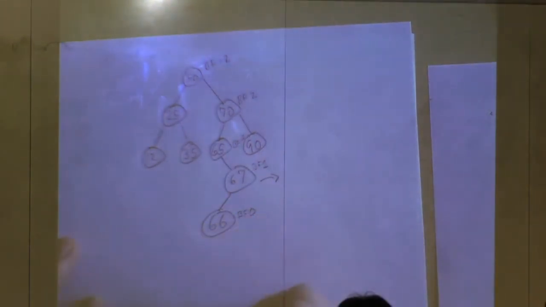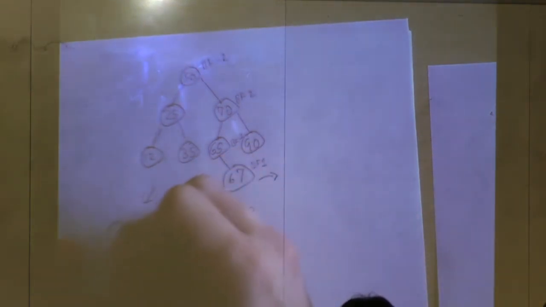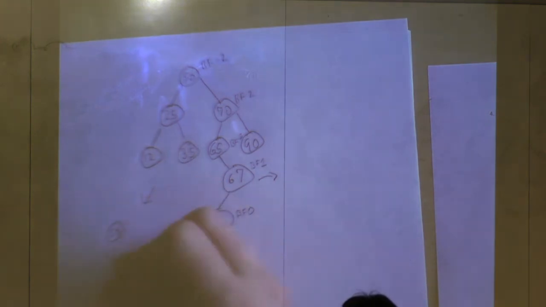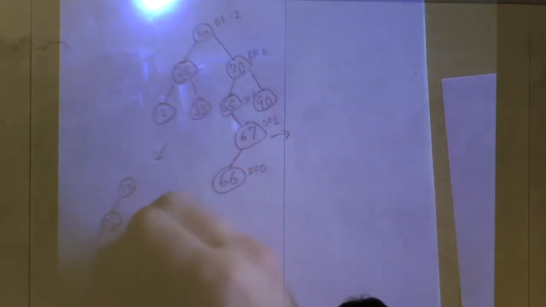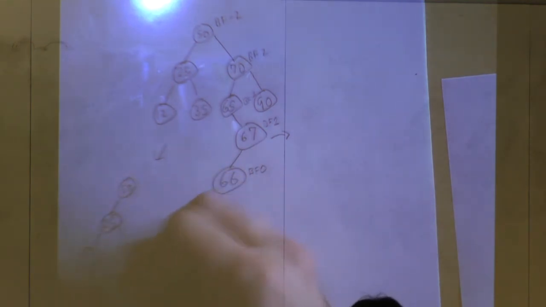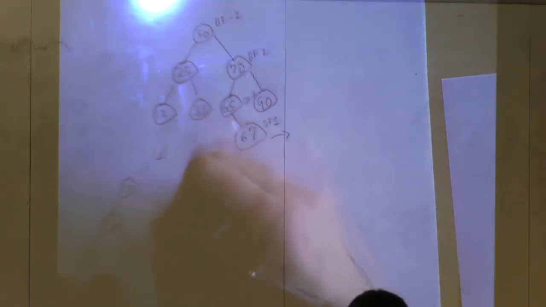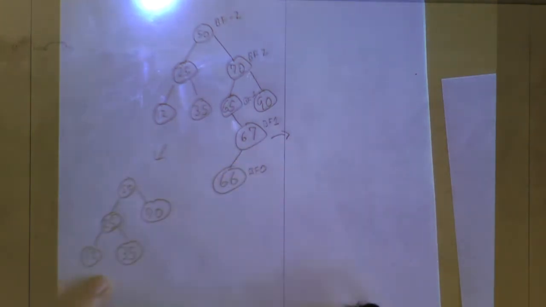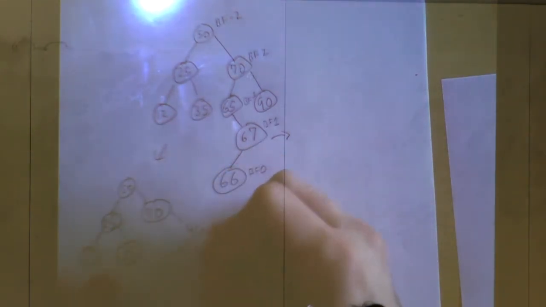So what that'll end up looking like is we'll have 50 here, 25, let's see, 12, 35, 70. So when we make, our 90 will stay the same.